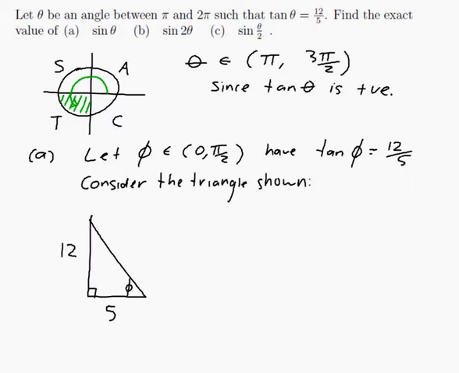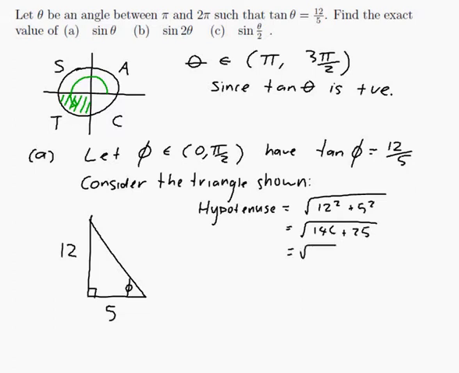Now we can figure out the hypotenuse of this triangle by using Pythagoras' theorem. Hypotenuse is equal to the square root of 12 squared plus 5 squared, which is the square root of 144 plus 25, which is the square root of 169, which is 13.